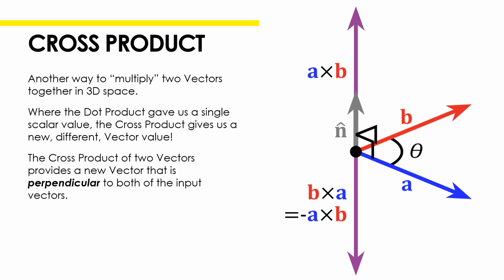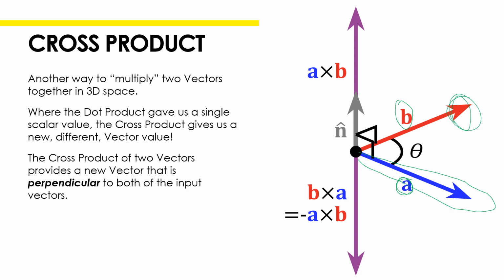If we put 2 vectors into the cross product, the result that it spits out is perpendicular to both of the input vectors. So on this diagram on the right, if I grab a pen, we have vector A, which is our first input, pointing this way, and we have vector B, which is pointing this way.